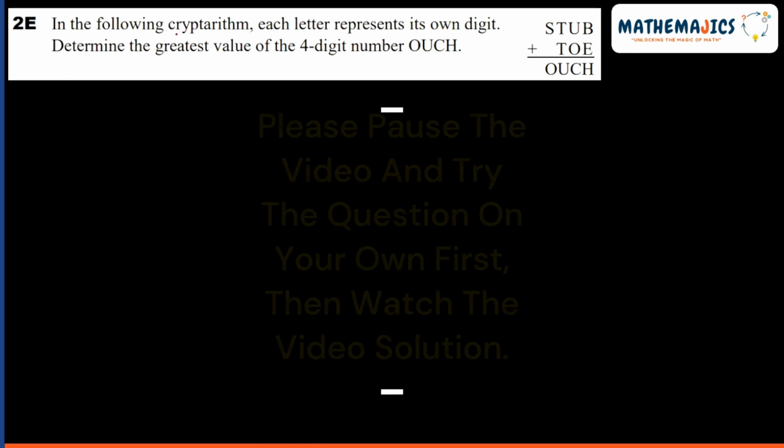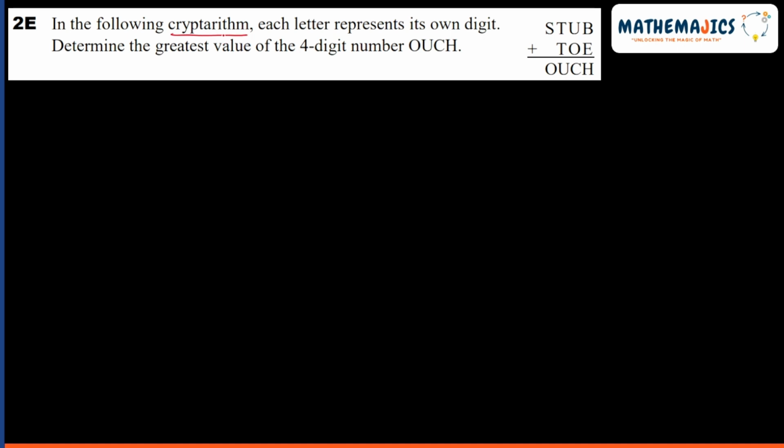So this question is from the topic cryptarithm, or you can say crypto. Each letter represents its own digit. That means we can't repeat the digits for different letters. Though if the letter itself is repeating, we can repeat that digit for that particular letter. But the same number will not be repeated for different letters. Yes. So how many letters do we have?